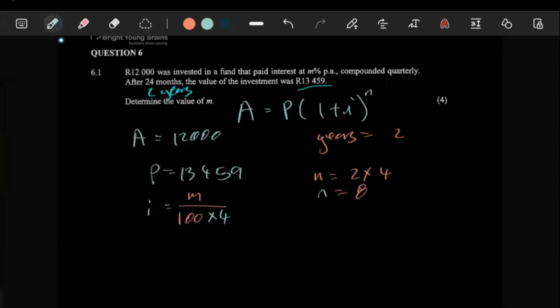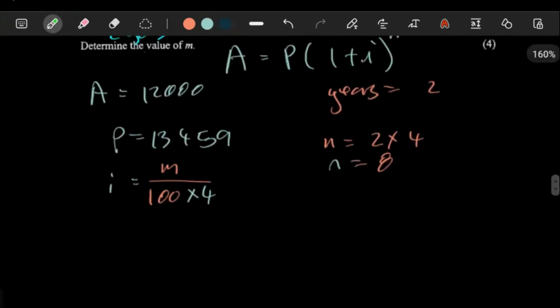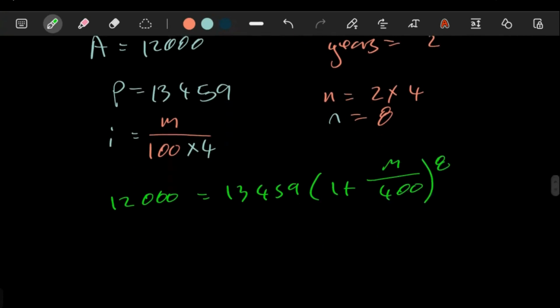All things considered, let's see what we're going to end up with here. This is 12,000 is equal to 13,459. Interest rate is m over 400, n is to the power of 8.